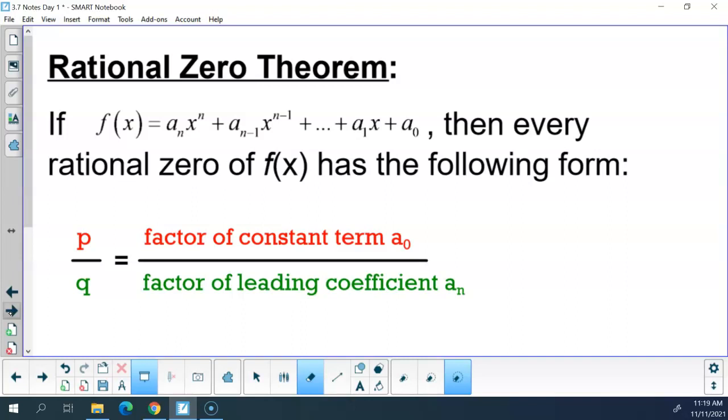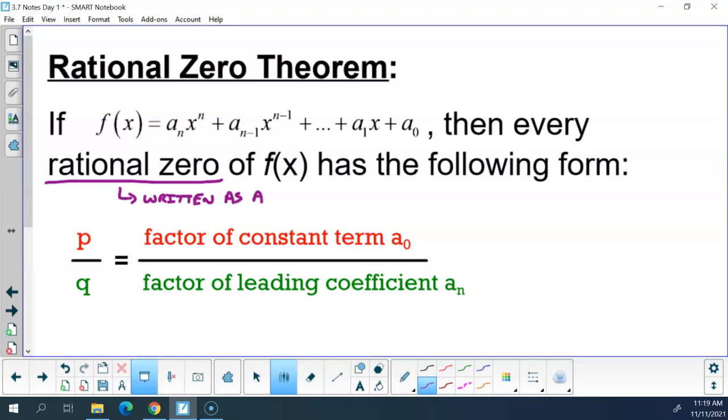What the rational zero theorem says, as you write it down, is that if we have a polynomial function, then every rational zero, and remember, a rational zero is a number that can be written as a fraction.